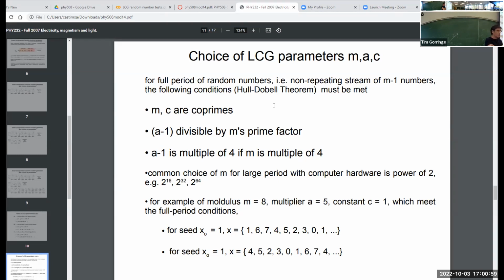Specifically, these rules I've written down here are for generating a sequence of numbers that uses the full period as determined by the parameter n. So you couldn't beat that. So these are the rules for generating the full periods specified by n.